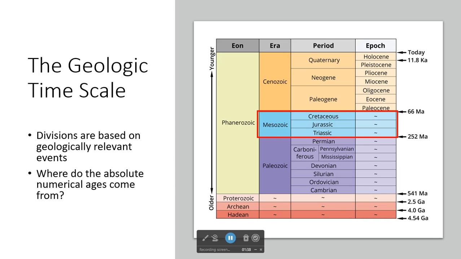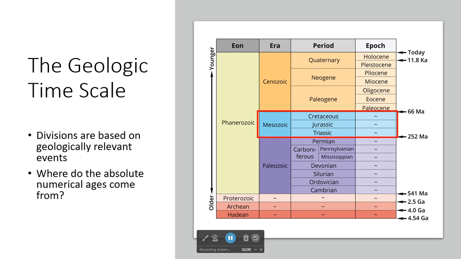One, at the end of the Permian, where nearly 97% of marine life went extinct. Marine means ocean. We'll be using that word often in this class. And then the end of the Mesozoic at 66 million years is bounded by that large extinction event that happened when the asteroid hit and destroyed a majority of the dinosaurs.